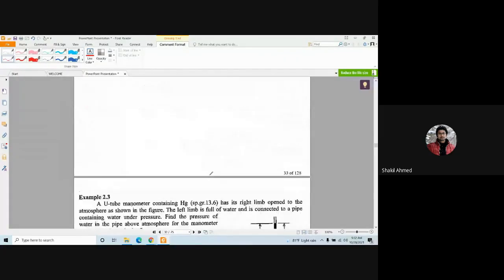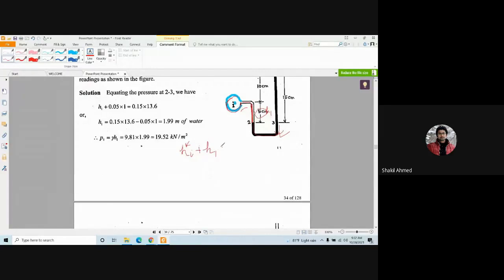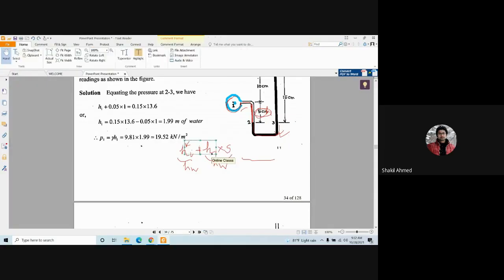Okay? So since this is not water, you have to multiply it with its specific gravity. Then you will get this in terms of water, because this is in terms of water. Everything will be in terms of water. Then you can add them. Clear? Fine. Yes, sir.